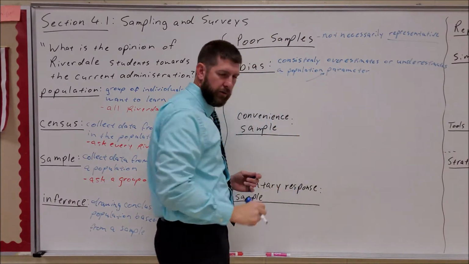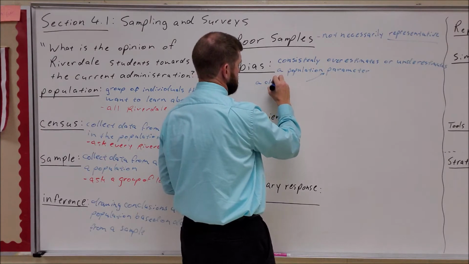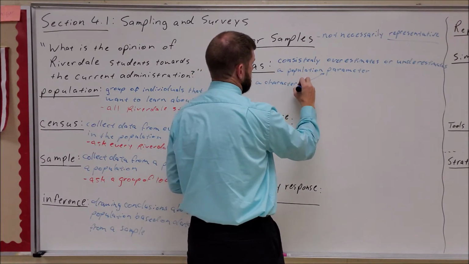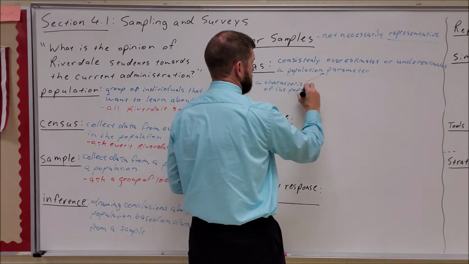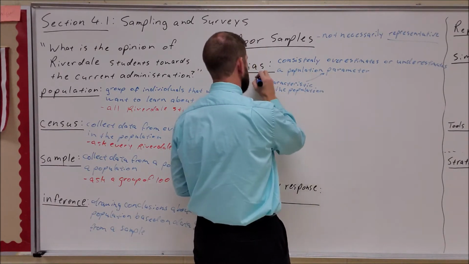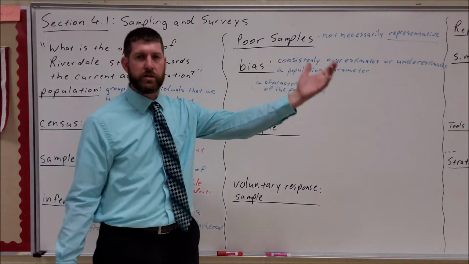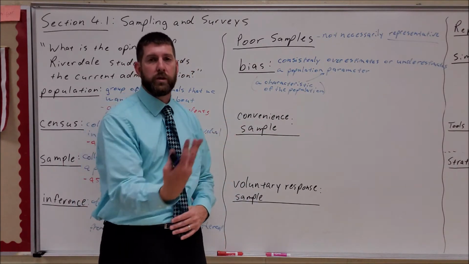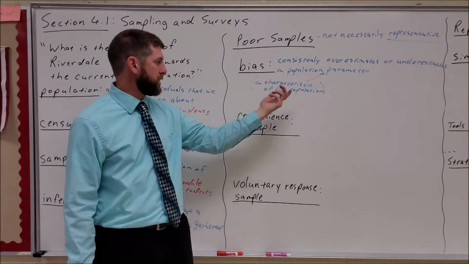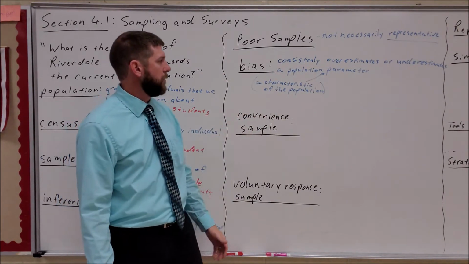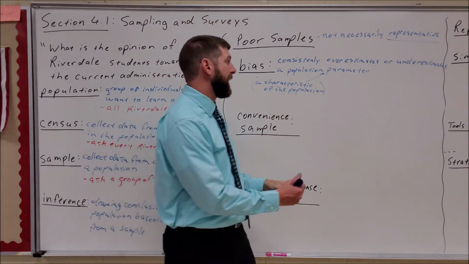Parameter is just a fancy word for a characteristic of the population. You'll hear me use that word a lot going forward, but a parameter is just some characteristic, maybe the average of something in the population, or a proportion within the population, or the standard deviation of the population. So it's some characteristic of the population. So we consistently overestimate or underestimate a population parameter, and it's by design.